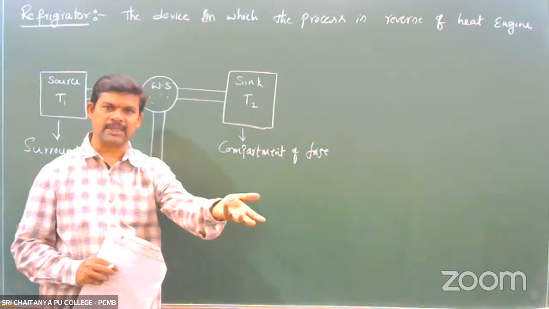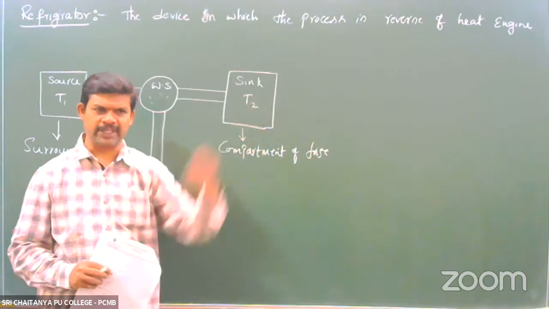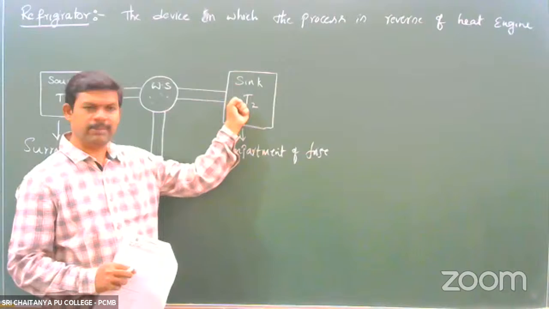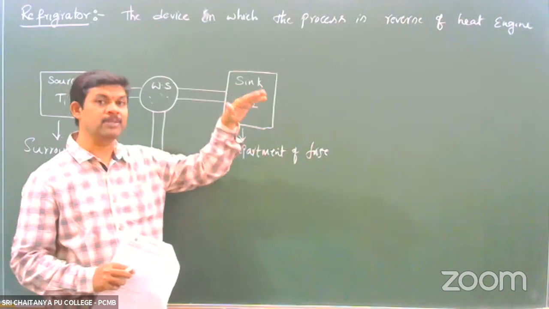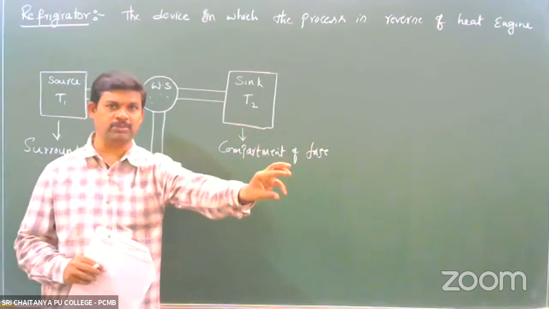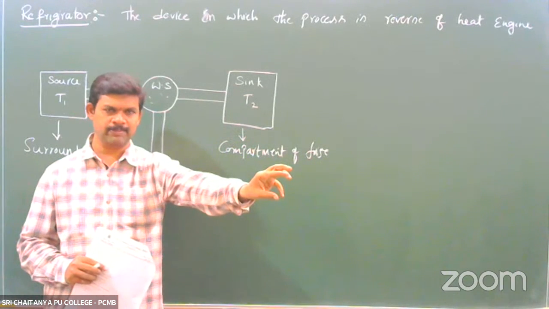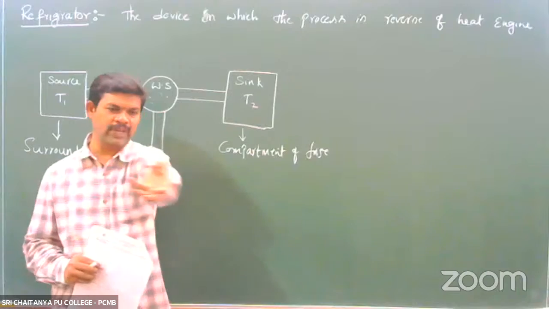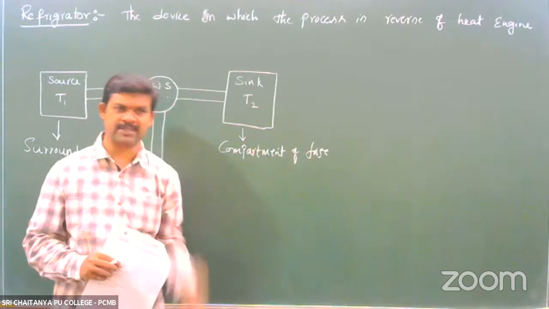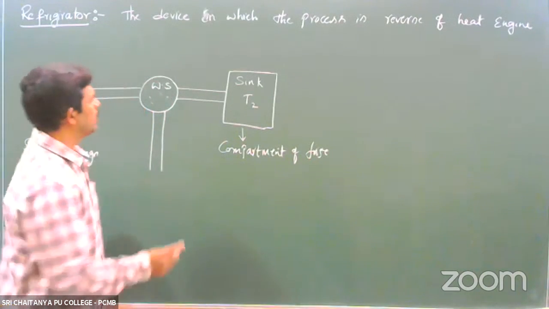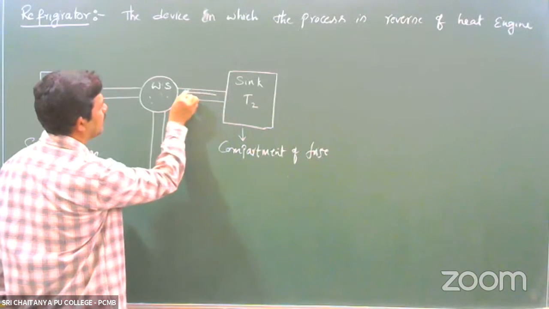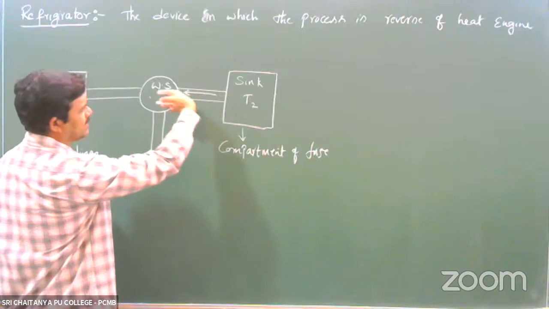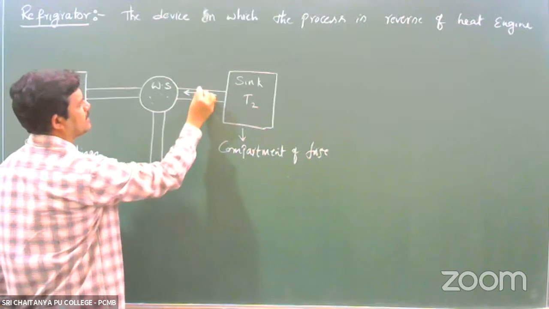Before keeping in that compartment, they are at room temperature. Whenever we keep them here, they become cool, because we take the heat from the objects, right? So from the sink, heat is taken by the working substance.